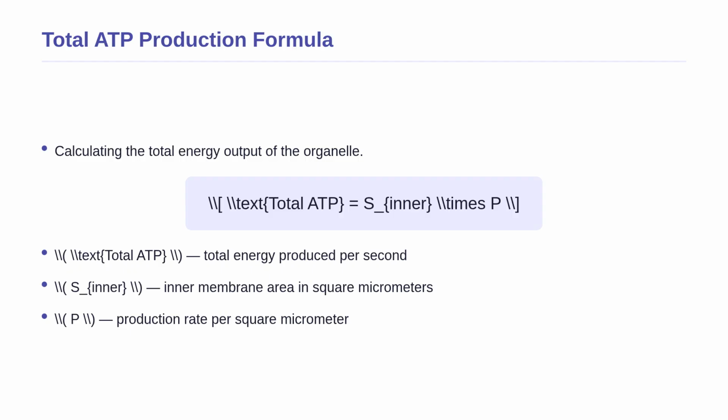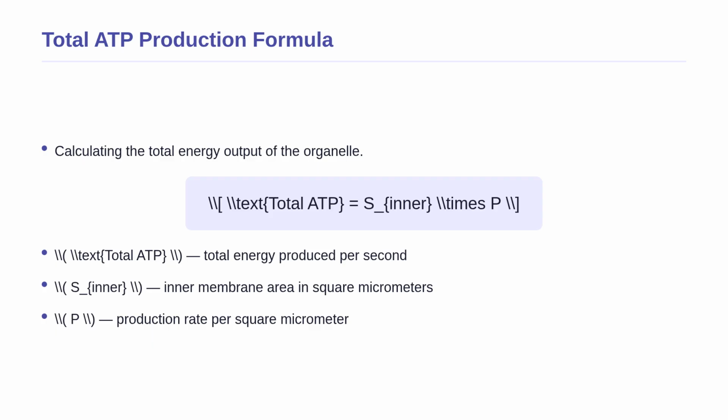This brings us to our next important mathematical relationship. To find the total energy capacity of the organelle, we use the formula total ATP equals S inner multiplied by P. Let us break down these symbols. Total ATP is the overall energy produced per second by the entire mitochondrion.